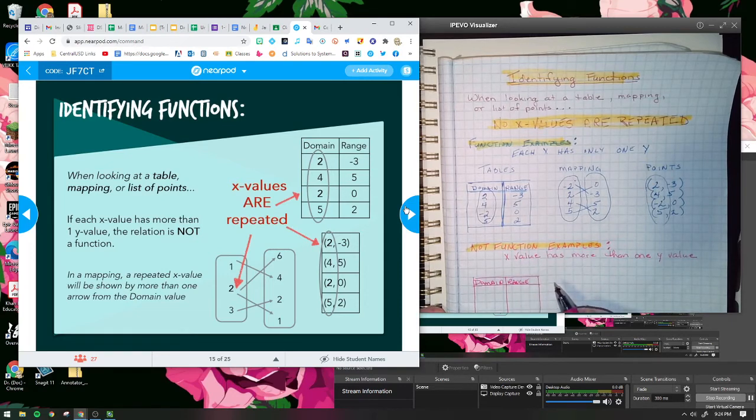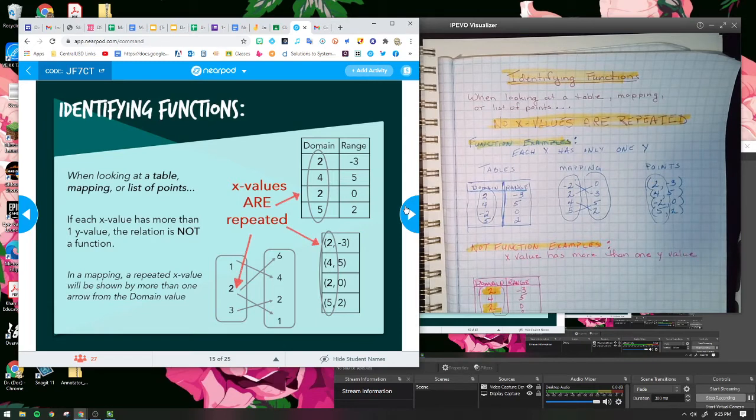The numbers here are 2, 4, 2, 5 and -3, 5, 0, 2. Looking at my x values, my domain, if I look really carefully, I see I have a 2 and a 2. That's two x values that are the same, so I know this is not a function.